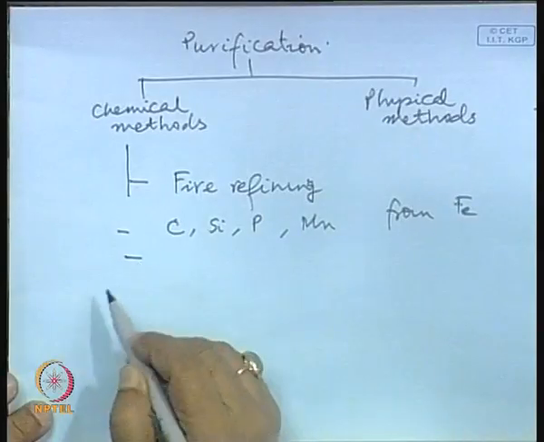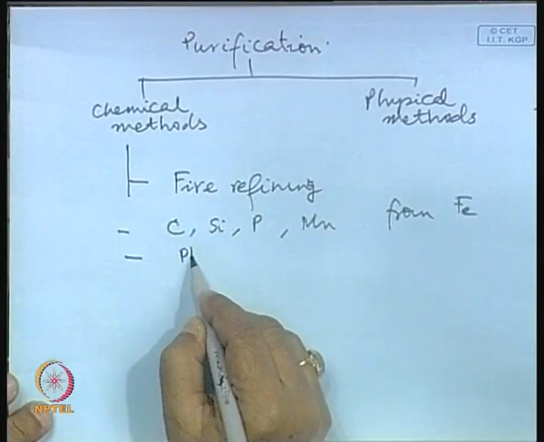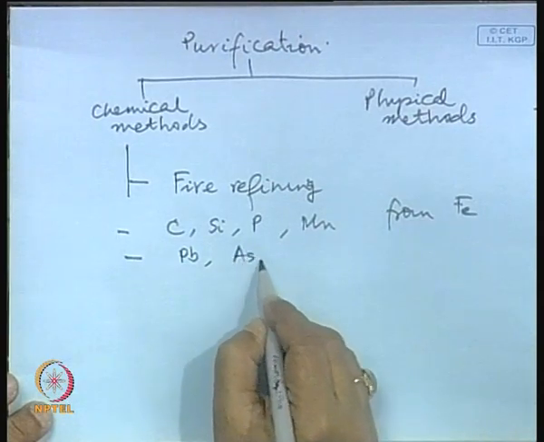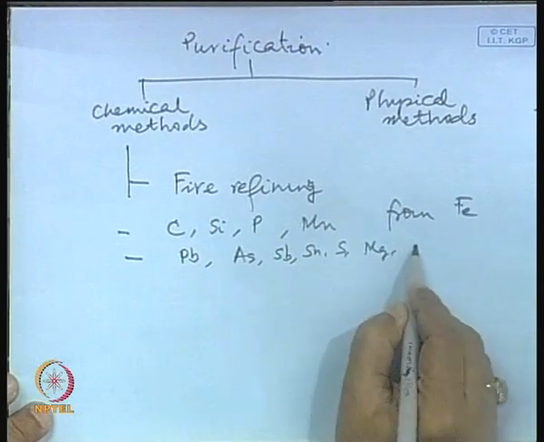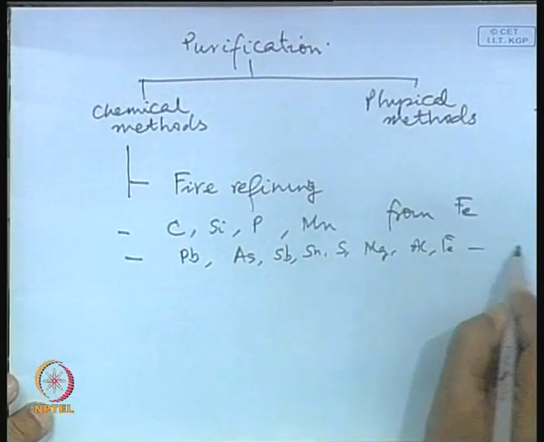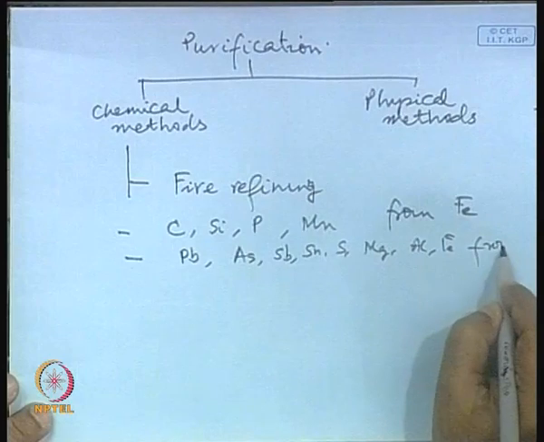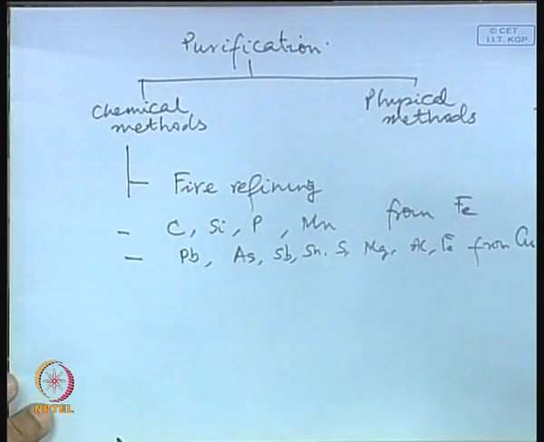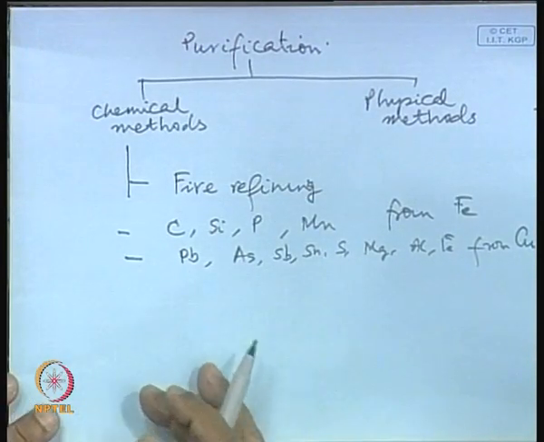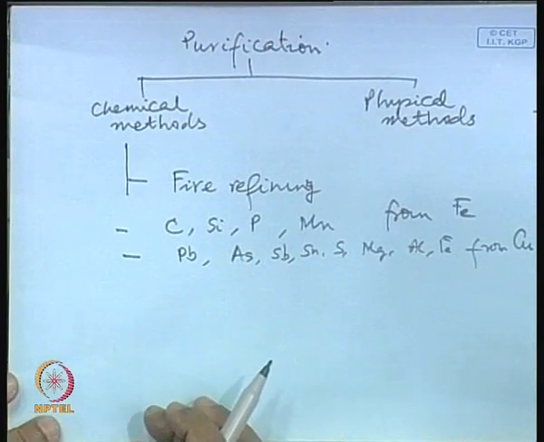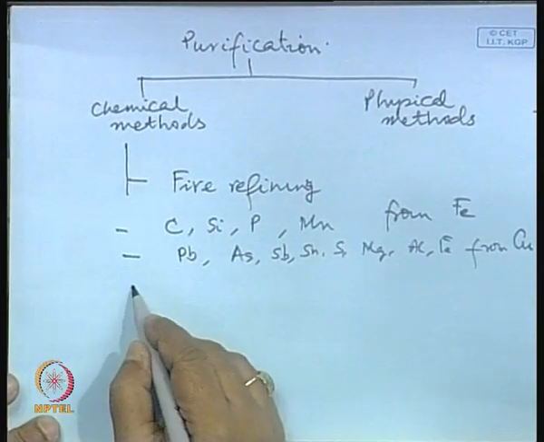Now, similarly, we can remove a whole lot of metals, lead, arsenic, antimony, tin, sulfur, magnesium, aluminum, iron, etc., from copper. Copper in molten state, we treat under oxidizing atmosphere, and the impurity elements will form either volatile oxides or solid oxides, which will separate out as sludge.